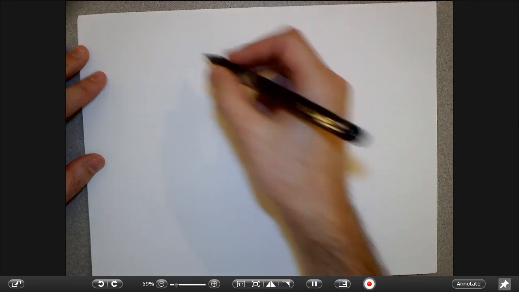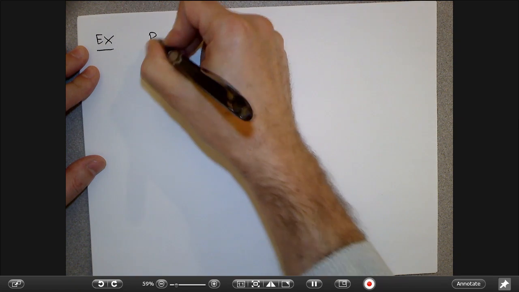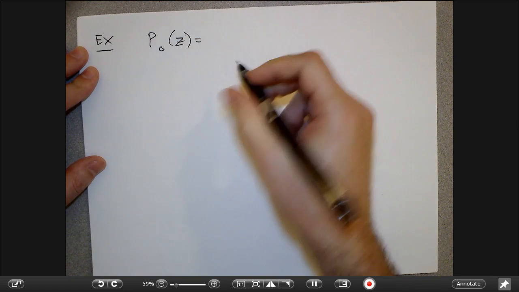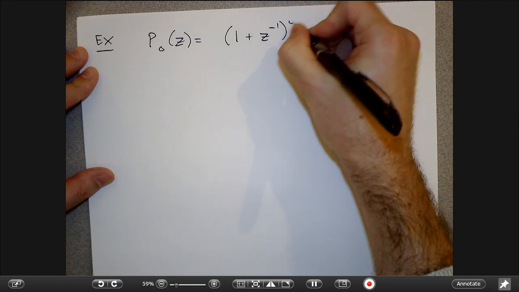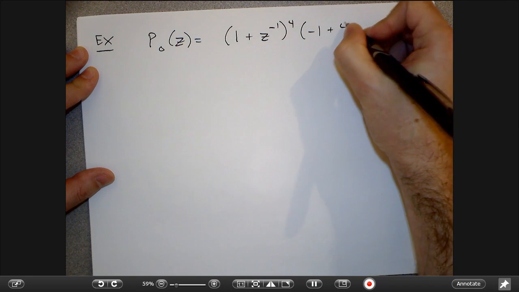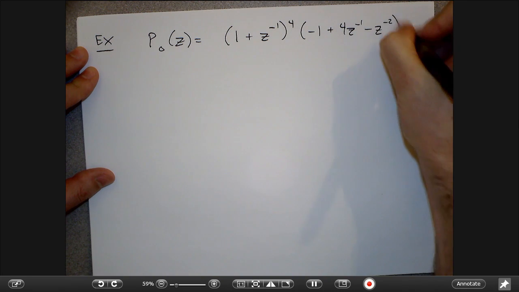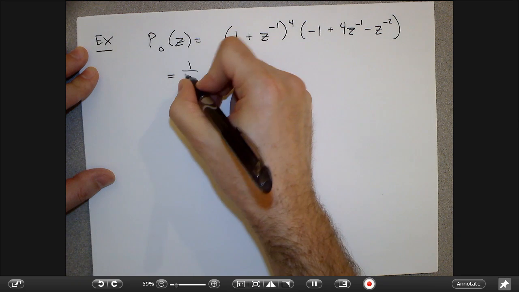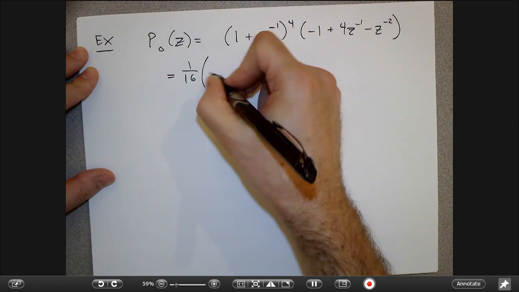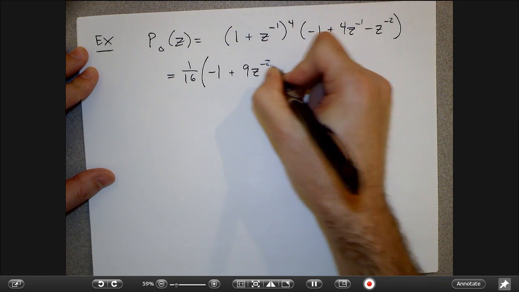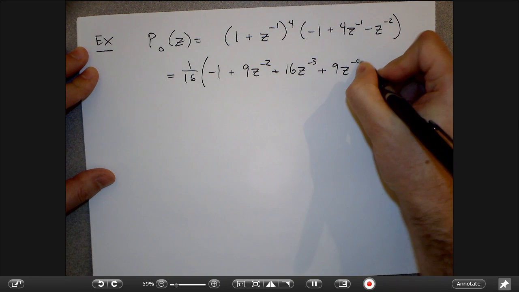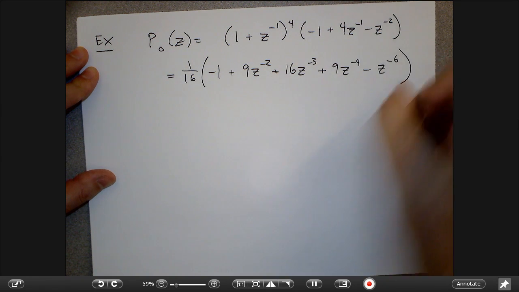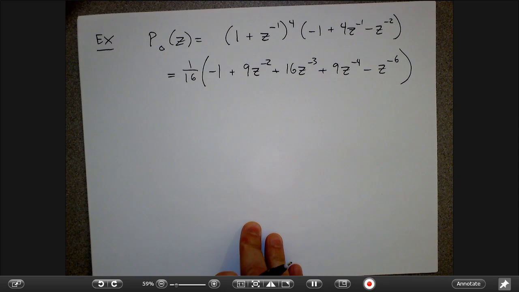So for example, what I might do is say, okay, let's take P0 of Z equals, and I'm going to just factor it out for you like this. If I were to write this out, what I would have would be this. So here's a choice of a filter that satisfies my constraints, right?